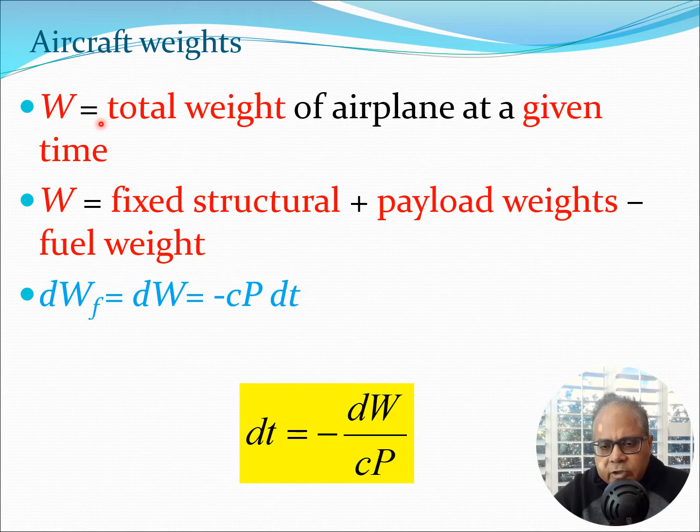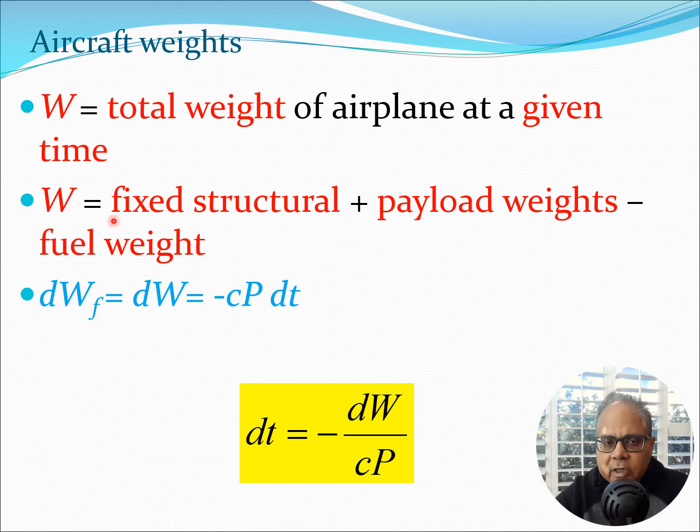Now, W is the total weight of the airplane at a given time. The weights we looked at, W0 and W1, are the weights at the beginning and the end of the mission. But during the mission, the weight of the aircraft is constantly changing because the fuel weight keeps changing. So W is the fixed structural weight plus the payload weight plus the fuel weight. Remember that you start off the journey with a full tank, but at the end of the journey you have an empty tank.